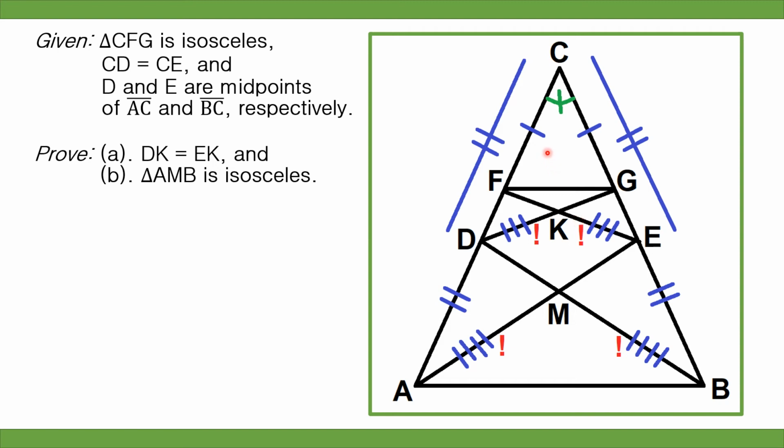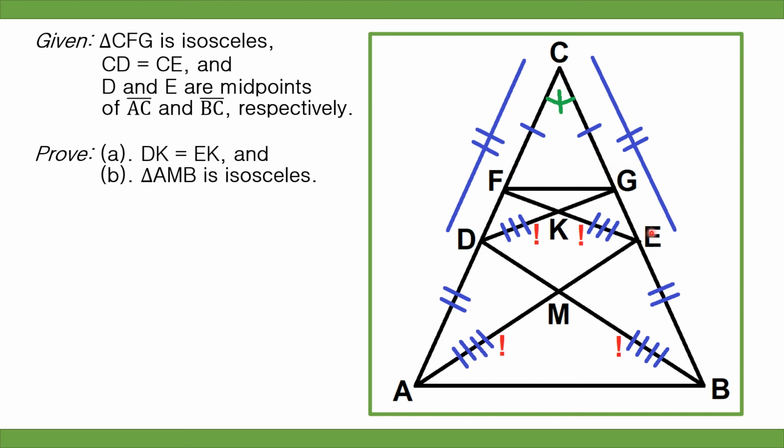Now notice that if you look at this triangle and these two triangles, by geometric intuition, these two triangles can be made to be congruent. Why do we need to make these two triangles congruent? Because as you can see, DG and FE are contained in these two triangles. Now these two triangles can be congruent because there are already two corresponding parts: the CD, the CF, the CG, the CE.